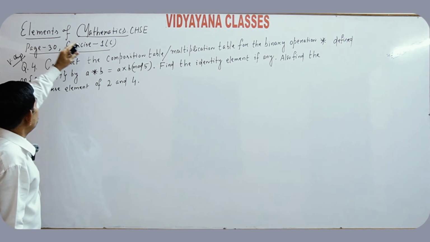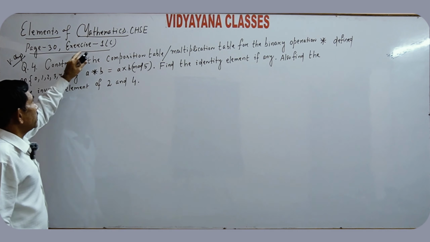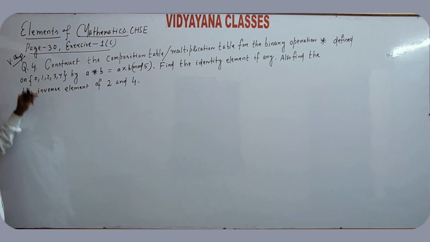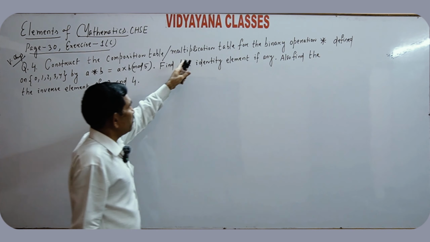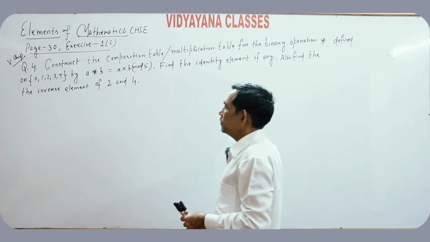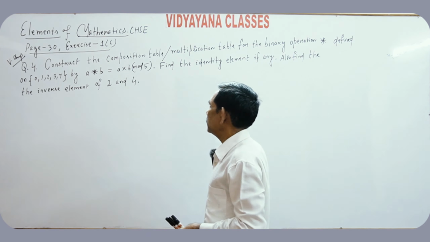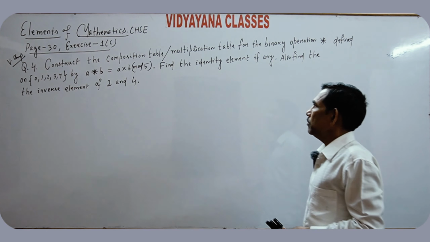Next, Elements of Mathematics, page number 30, exercise 1C. Question number 4. Construct the composition table or multiplication table for the binary operation star defined on the set {0, 1, 2, 3, 4} by a star b is equal to a into b modulo 5.